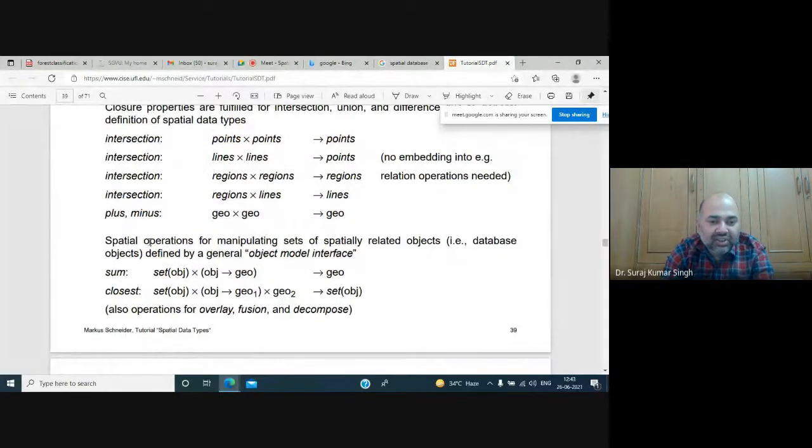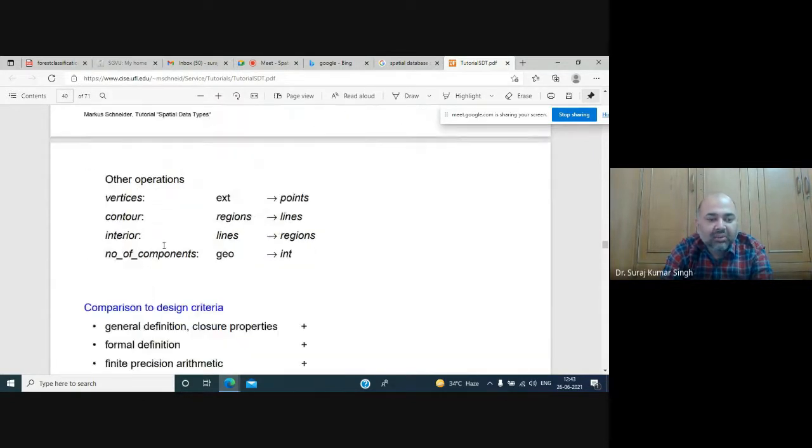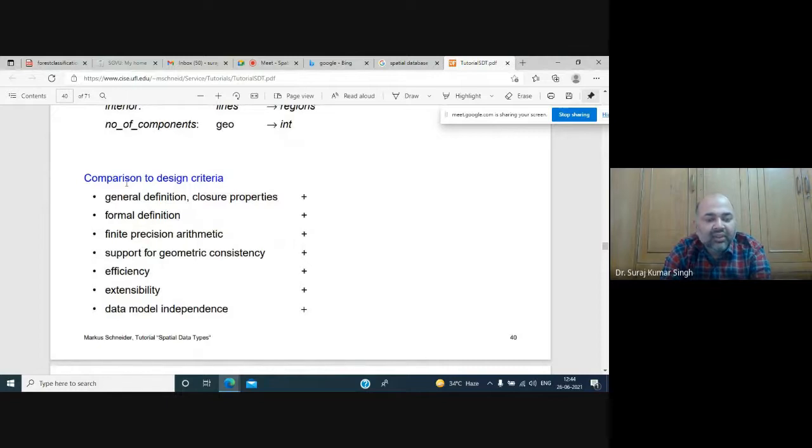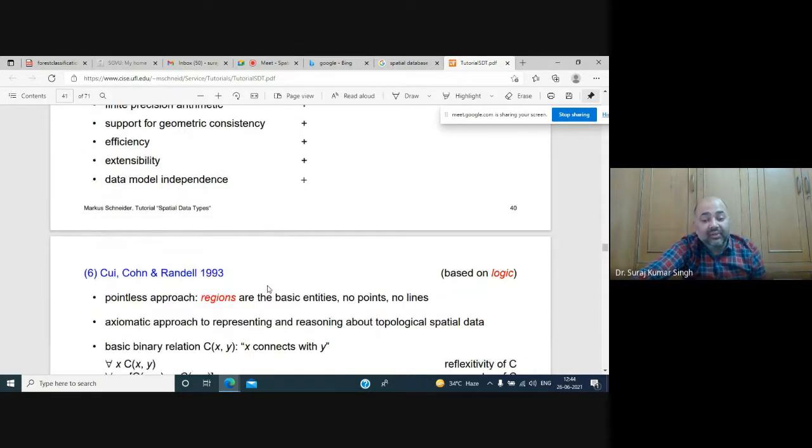Then you've got spatial operations for manipulating sets of spatially related objects, that is database objects defined by a general object data model, that is sum. Then you've got closest, other operations of vertices, contour, interior, number of components. So you'll see that when you compare this design, the general definition, the closure properties, the formal definition, the finite precision arithmetic, support for geometrical consistency, efficiency, extendability, data model, all are available.